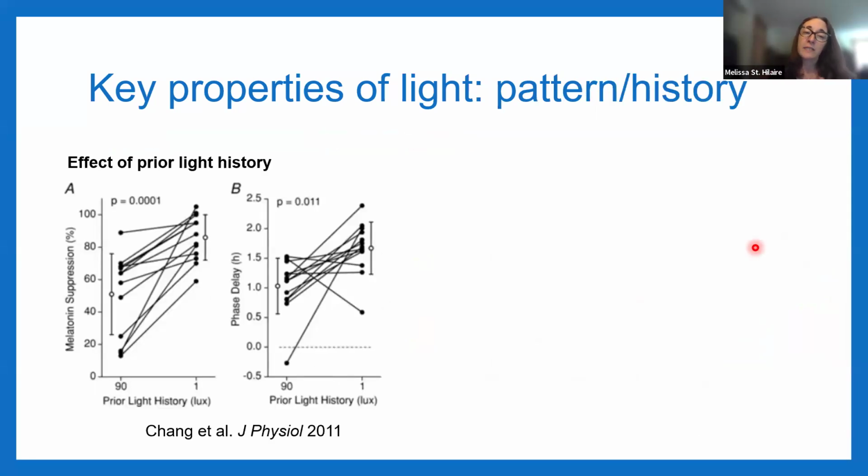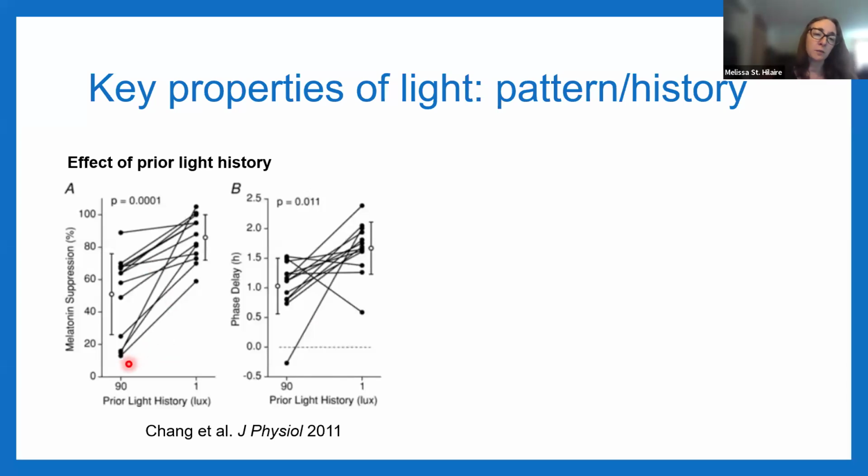I would be remiss not to talk a little bit about the pattern and the photic history, because I do think it is really critical and something that gets a little bit ignored in a lot of these experimental studies. So we know from a study by Chang et al., as well as many other studies, that there is an effective prior light history.